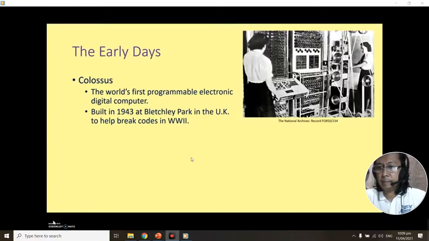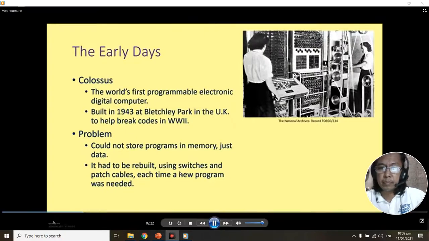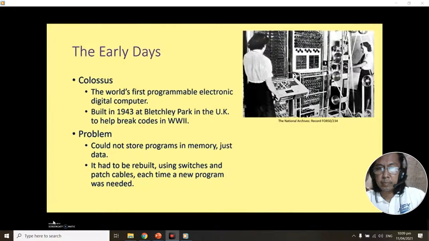So even though the Colossus was a great breakthrough in computer technology, it did have a problem. And this was that although data could be stored in the memory of the Colossus, it couldn't store programs in memory. That meant if you wanted to change the program, you had to get into the guts of the machine and rebuild the cables and the switches needed to make your new program.